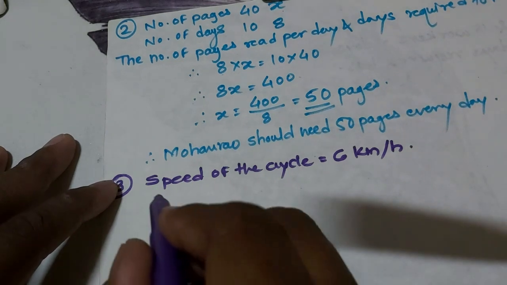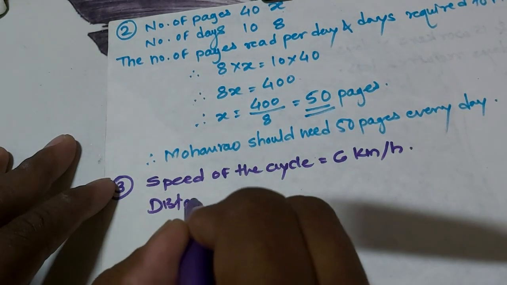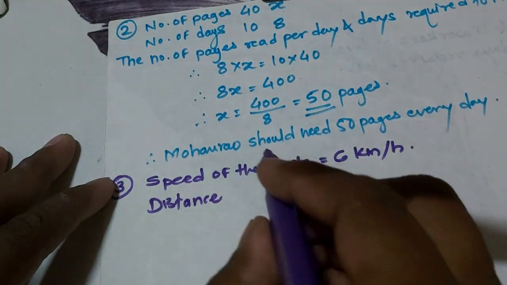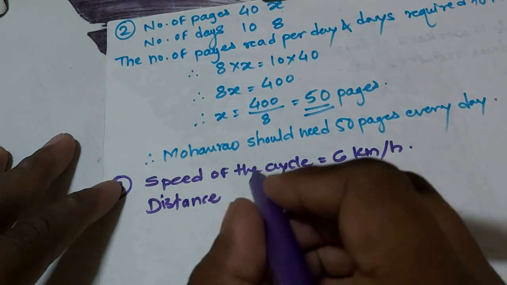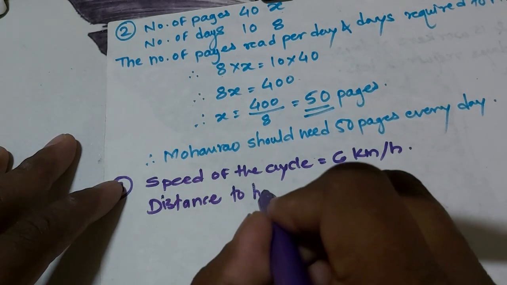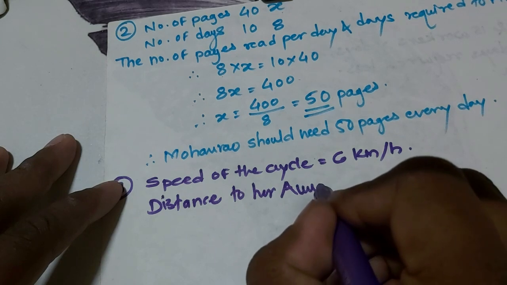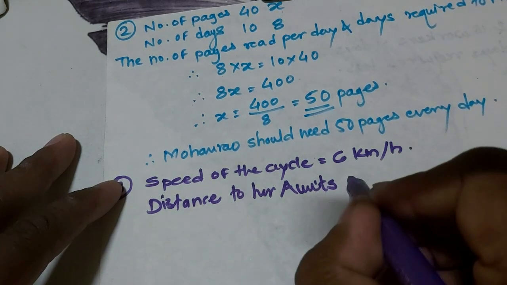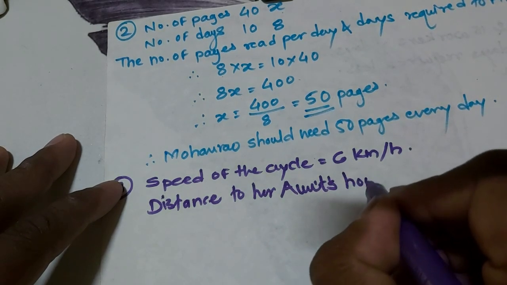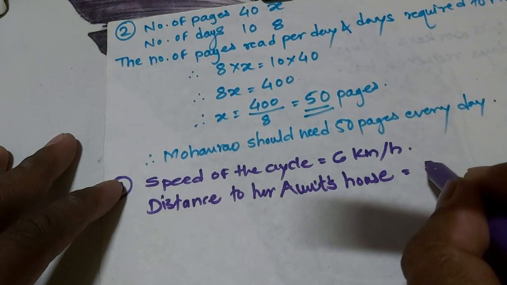Then distance to her aunt's house is equal to 12 kilometers.